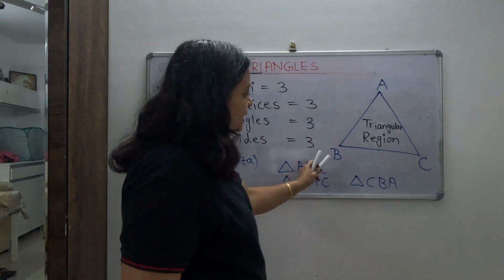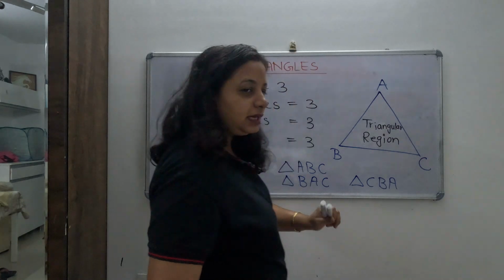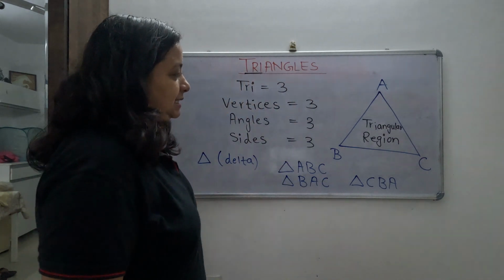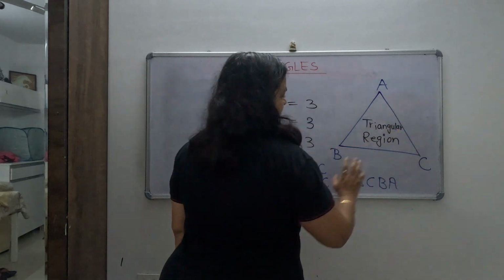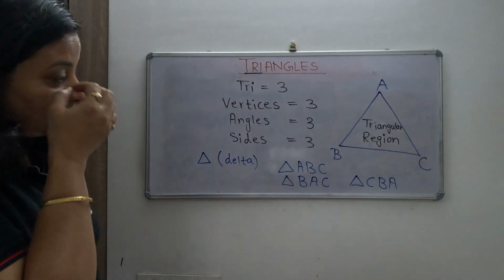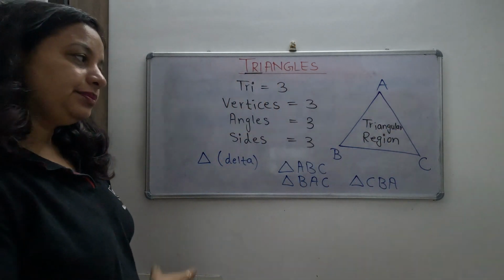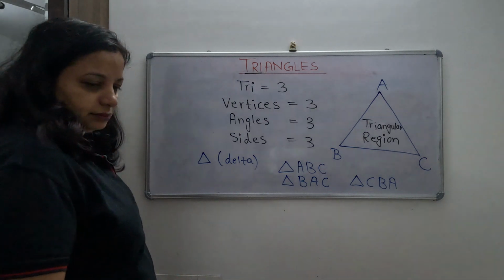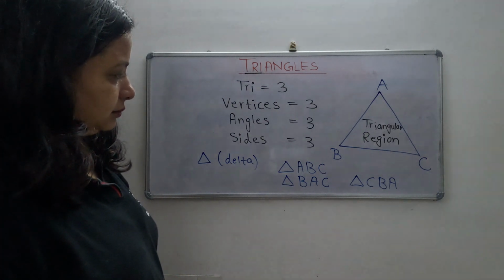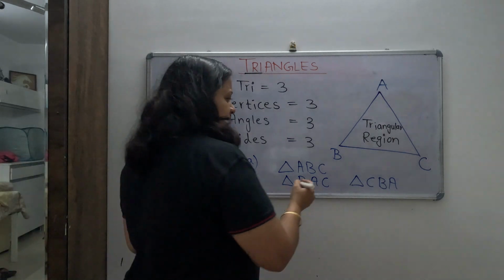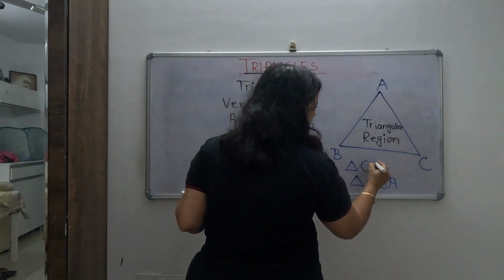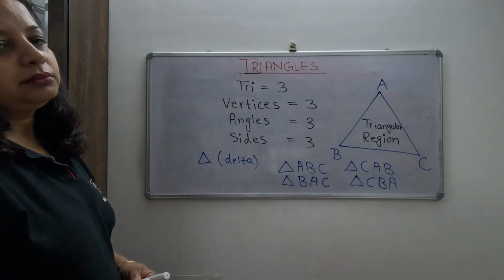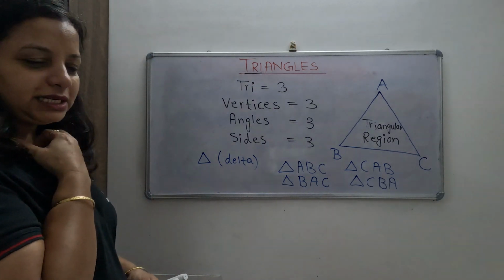Now see, ABC: all 3 are covered, right? The second is BAC, we have covered all 3. And the third is CBA, all covered. But why can't you do CAB? It's still covering all the alphabets. Yes, you can take CAB also. No problem, because it's circular, you can use it in any way.